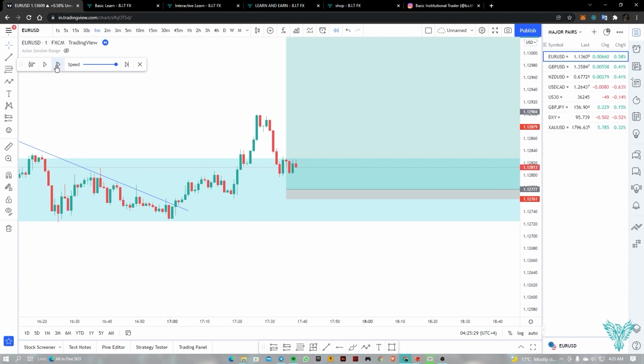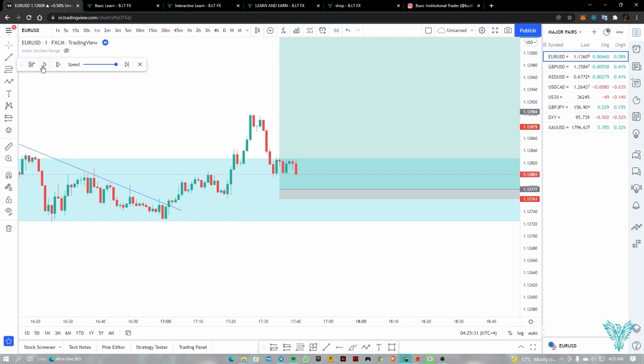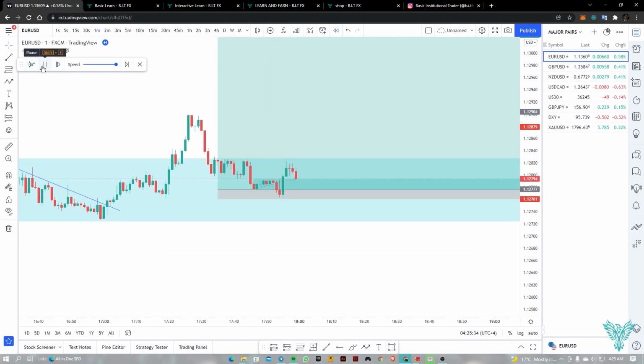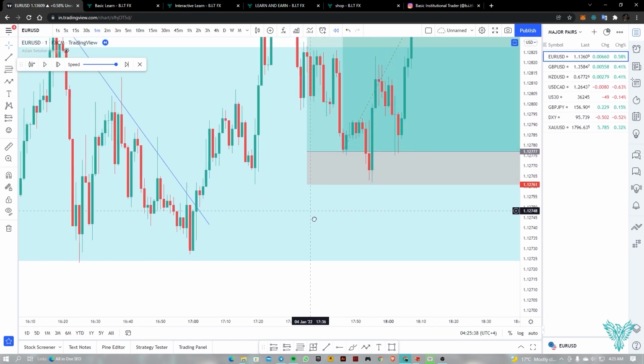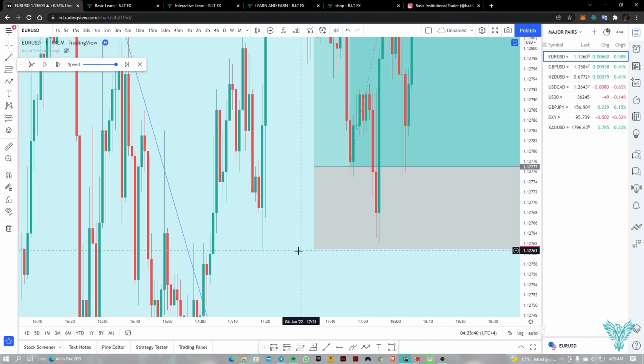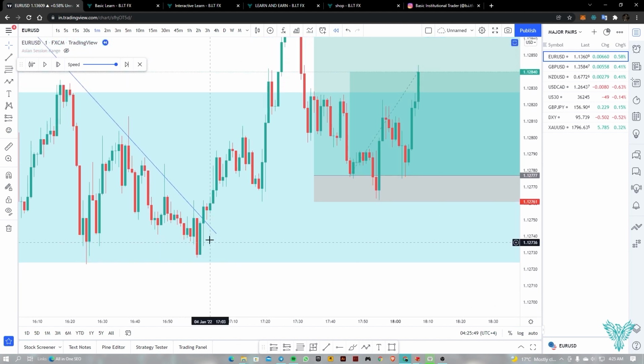Right here we get into the setup, and as you can see, our stops weren't triggered. Why? Because our stops were below the market structure, below this swing point, and it didn't make sense for the market to come all the way down, test these areas and then launch.